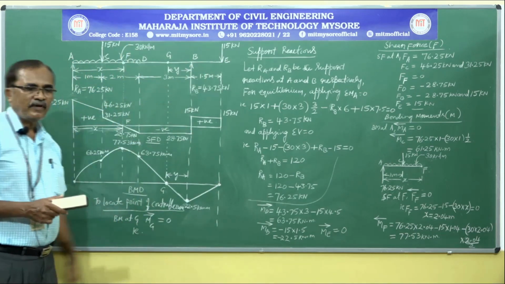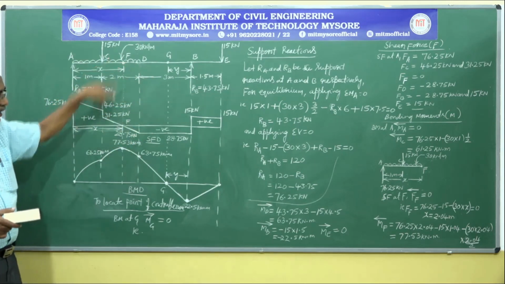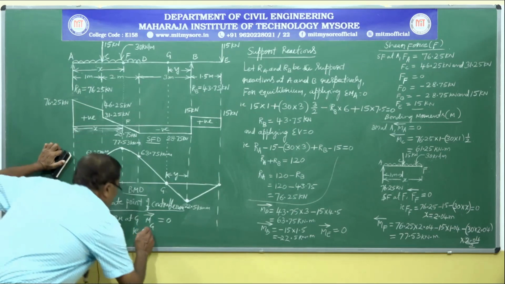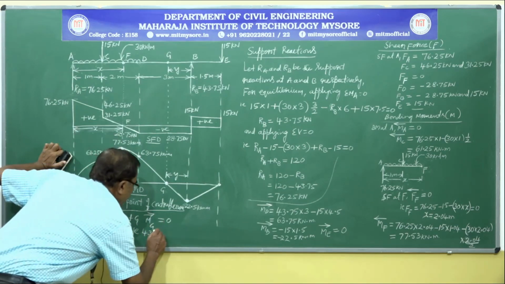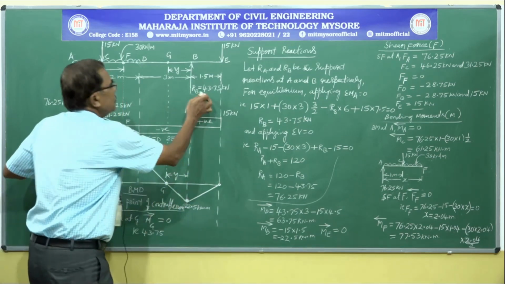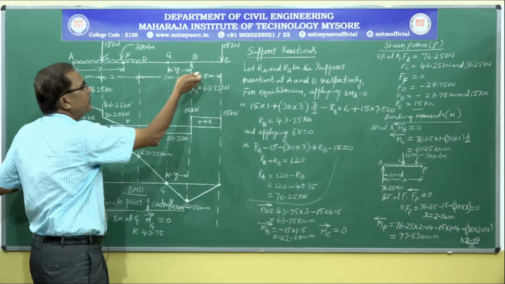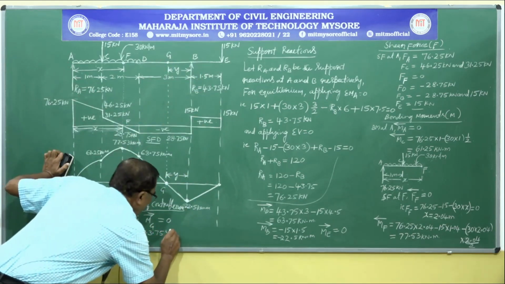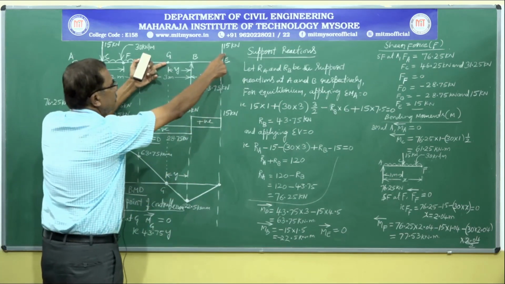The same sign convention is valid here also. To the right side of the point, treat anti-clockwise as positive and clockwise as negative. It is 43.75, so this 43.75 will create an anti-clockwise moment, which to the right of point G is positive: 43.75 into y.